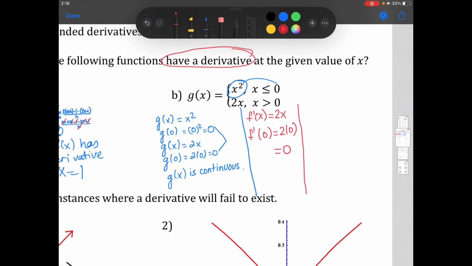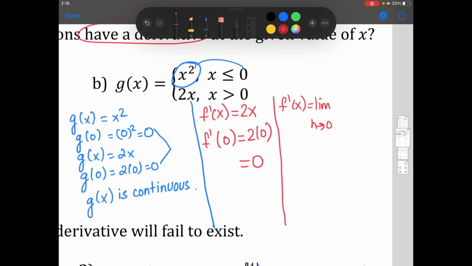I'm going to similarly find the derivative of 2x. So I'm going to use my difference quotient. Limit as h approaches 0, 2 times x plus h minus 2x over h. So this would be limit as h approaches 0, 2x plus 2h minus 2x over h.